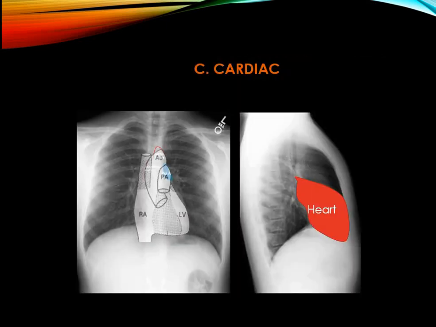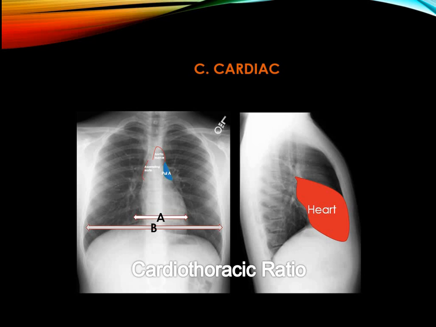The cardiac shadow is very important to evaluate in the chest X-ray, and once we look at the cardiac shadow, we should first determine whether its size is normal or enlarged. This is achieved by what we call the cardiothoracic ratio. So what is the cardiothoracic ratio?